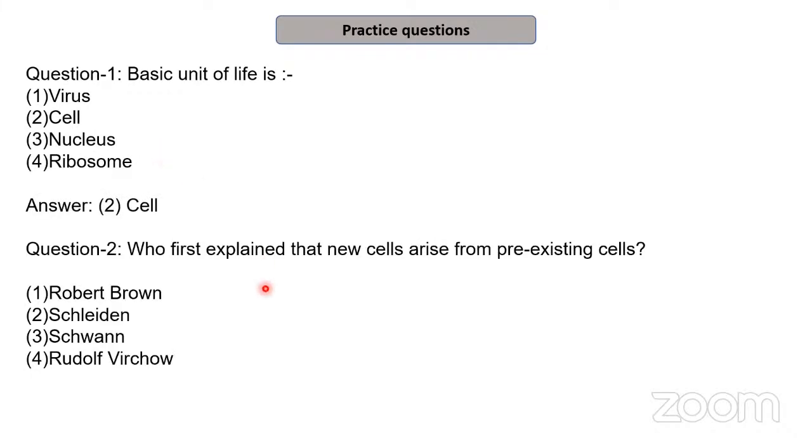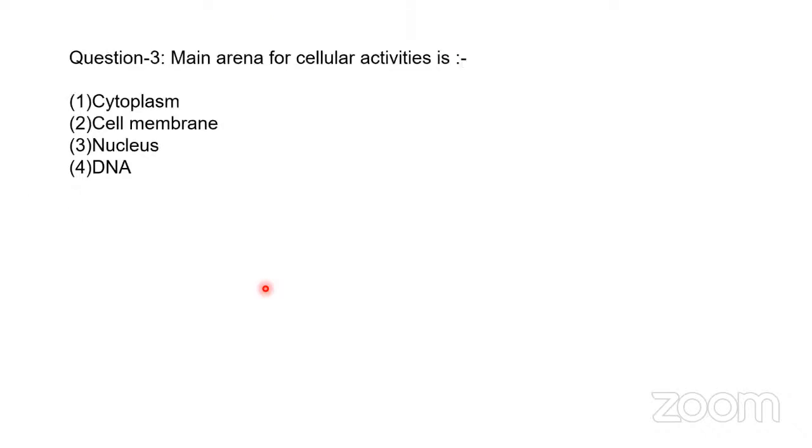Who first explained that new cells arise from pre-existing cells? The one who explained that was Rudolf Virchow. And that was also the second postulate of our cell theory, that new cells arise from pre-existing cells, that is omnis cellula e cellula.